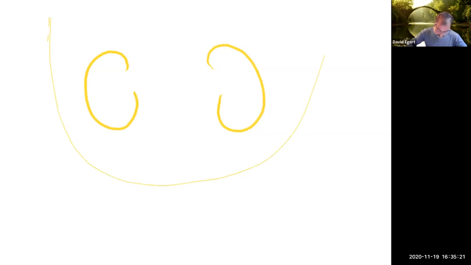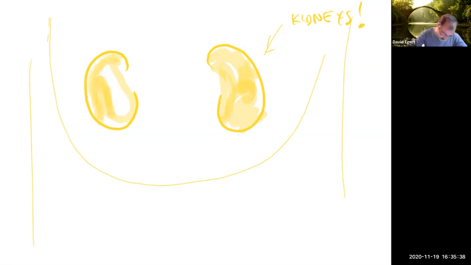They're in your lower back. So, lumbar region, retroperitoneal.